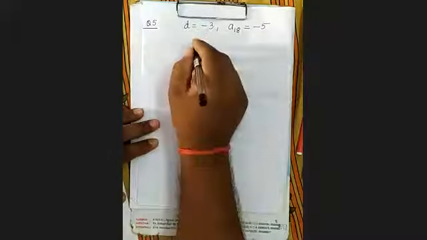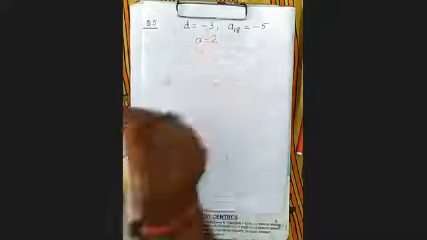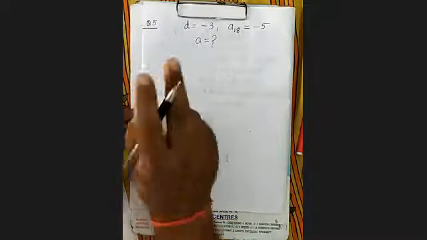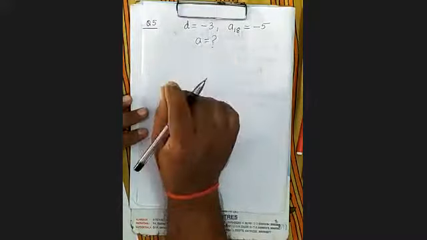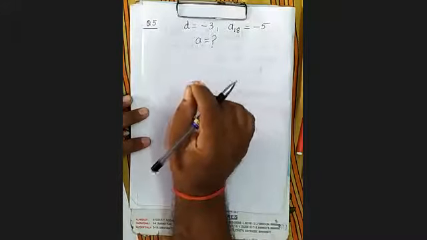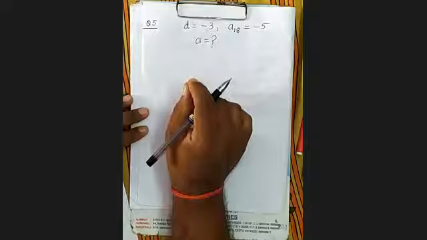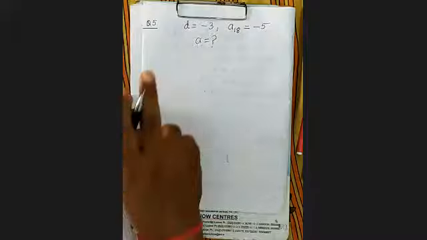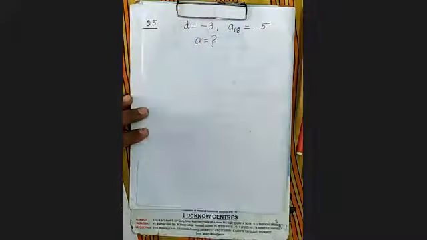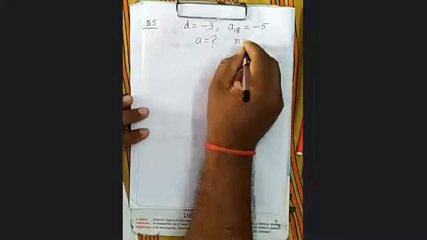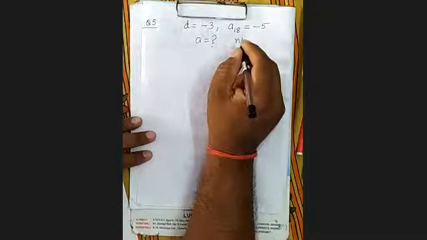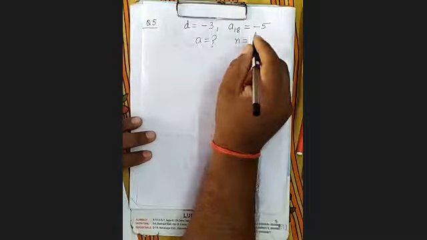Find its first term, means you have to find the first term A. Now listen here, all of you remember this, you must know the meaning of these symbols: by which symbol you will denote the first term, the nth term, and the common difference D. It's clear? Now here D is given, and A18 is given. Now what is n here? n means the term. So which term here? 18th term. It's clear. So n is 18.